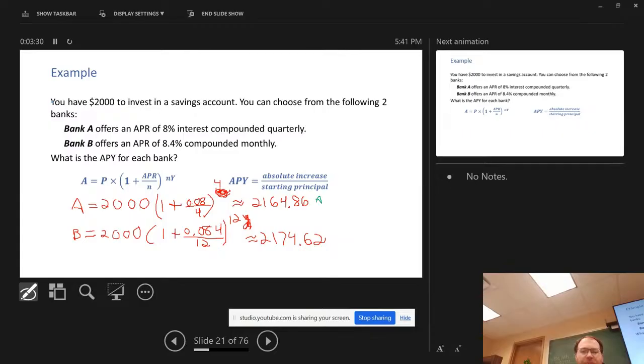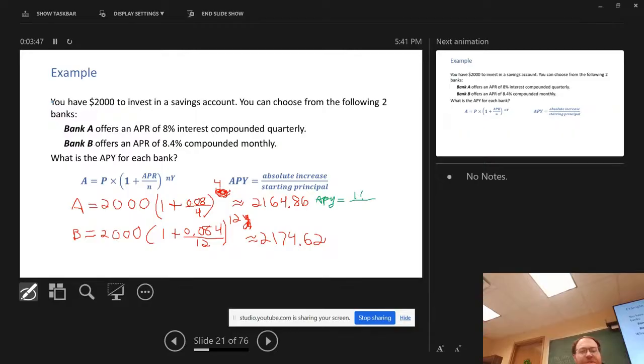So then the APY for the first one, the absolute increase would just be the amount that you earned from this.